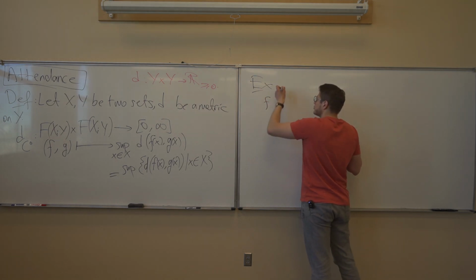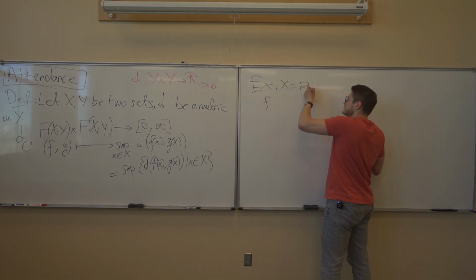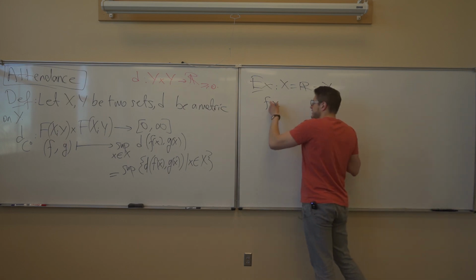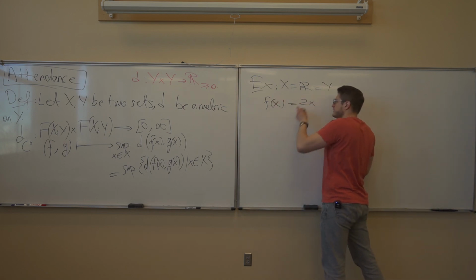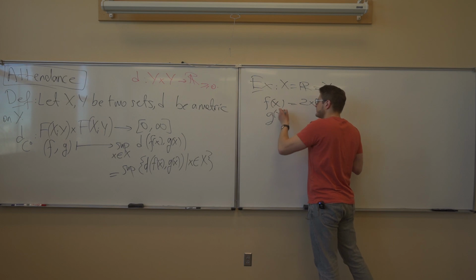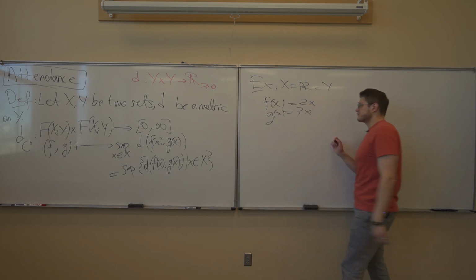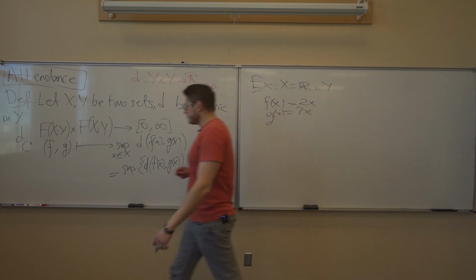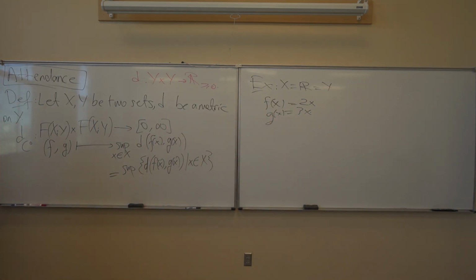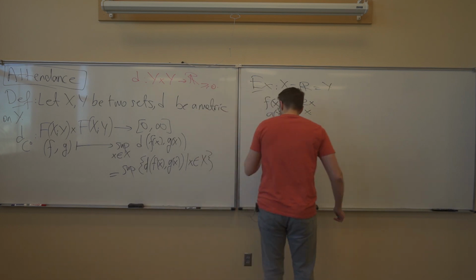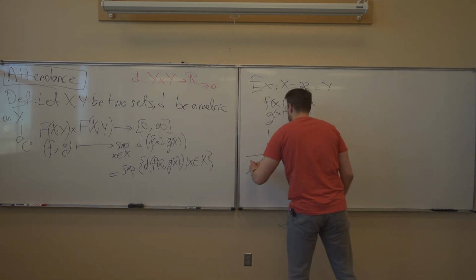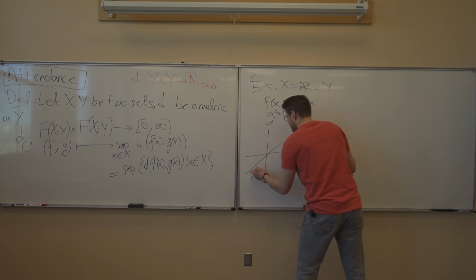Let's look at this X and Y, let's take them both to be R. Let's say that f of x is 2x, g of x is 3x. Now the C0 distance between these two is infinity. Okay, and why is that? Because here's f, and here's g.